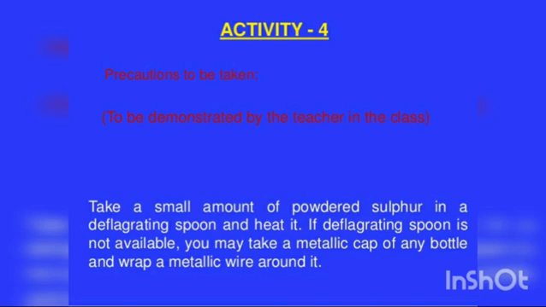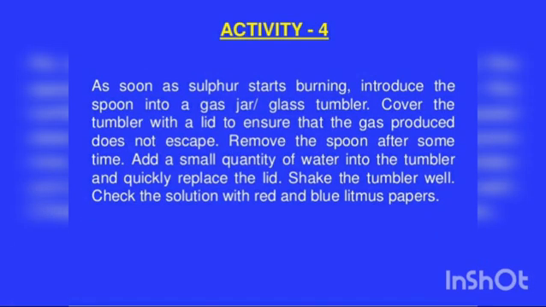Take a small amount of powdered sulfur in a deflagrating spoon and heat it. A deflagrating spoon is used in the laboratory, but if you don't have one, you can take any metallic cap of a bottle and wrap a metal wire around it. After doing this, see the observation.